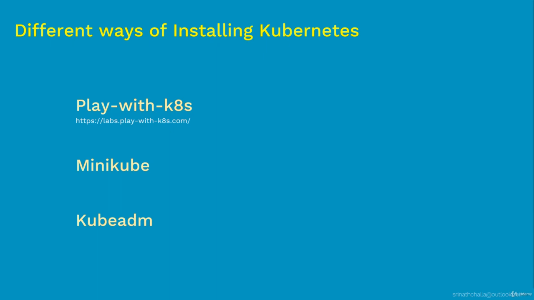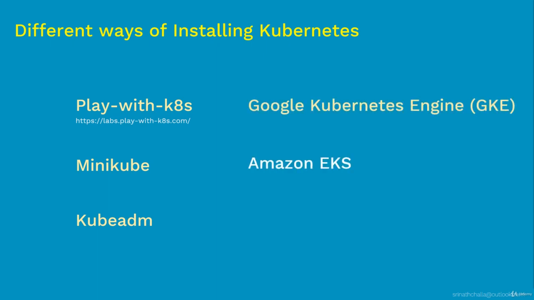Besides these three, there are other popular cloud-based platforms which offer Kubernetes service on their platform. They are Google Kubernetes Engine, Amazon Elastic Container Service for Kubernetes, and Azure Kubernetes Service. What's common and cool with these cloud-based Kubernetes services is, all you need to define is how many nodes your cluster should have and the size of CPU and RAM each node should contain.